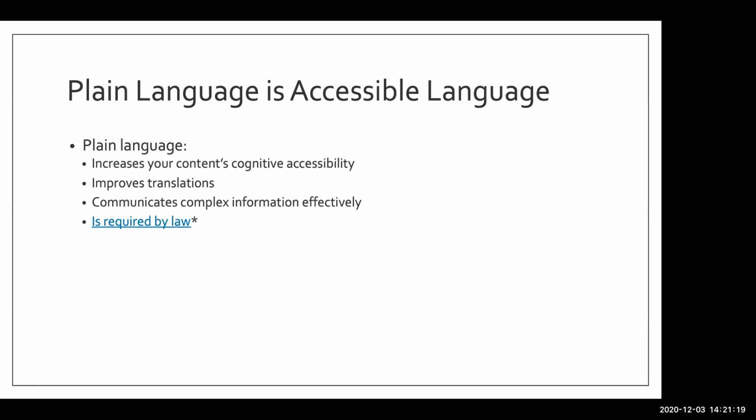Plain language increases your content's cognitive accessibility. A lot of the times when we talk about accessibility on digital products, we think about visual accessibility and accessibility for the deaf and hard of hearing, but we also need to think about cognitive accessibility, people who have learning disabilities or reading disabilities, and people who are suffering from a migraine or who are exhausted because their baby was up teething all night, or people who are stressed because they're dealing with homeschooling their kids while working full-time and dealing with a parent who has COVID.